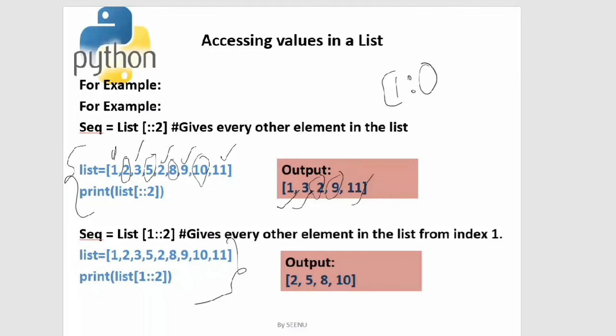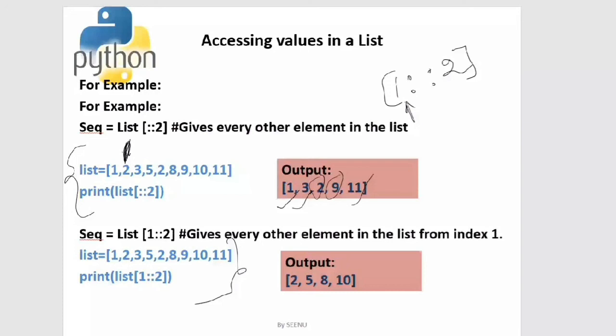So here the meaning is that I want to consider from index 1. What is the element at index 1? The element at index 1 is 2, this 2. So from this 2 till the end of the list, I want to consider.